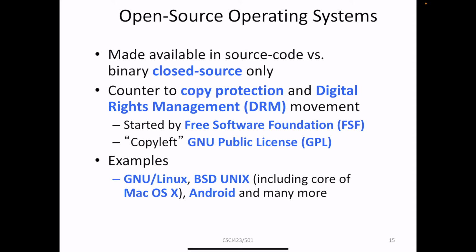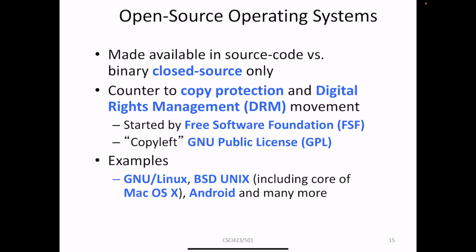On the other hand, the open source operating system provides all the source code to all users. If you want to know more details about how the operating system manages each resource, you can check the source code and figure it out, such as process management, memory management, storage management, cache management, and I/O management.